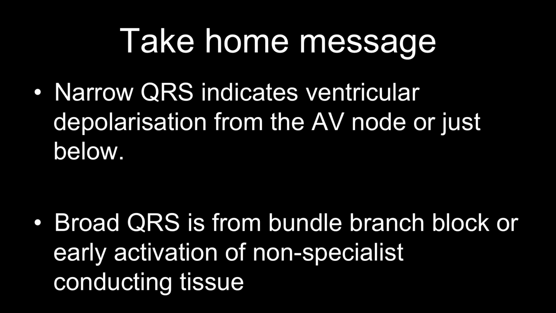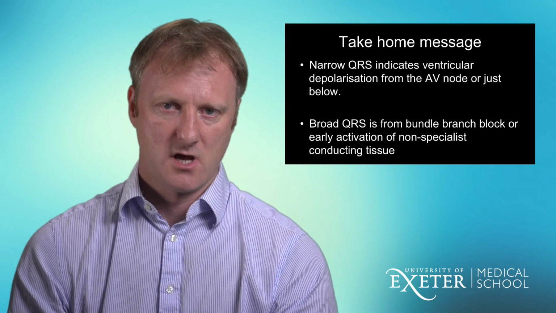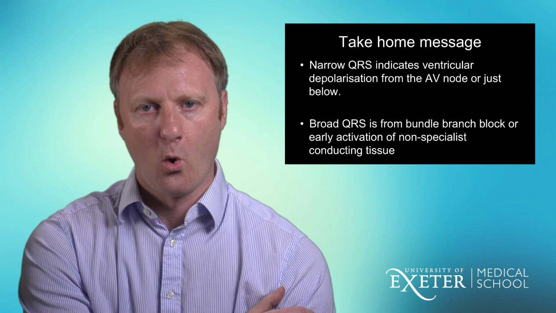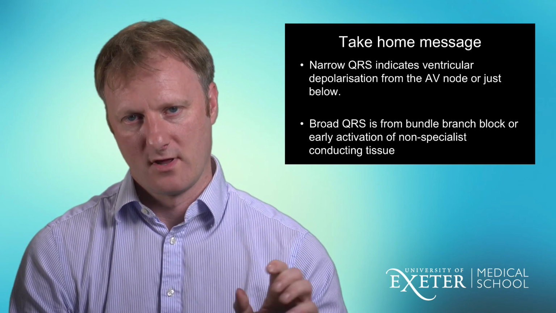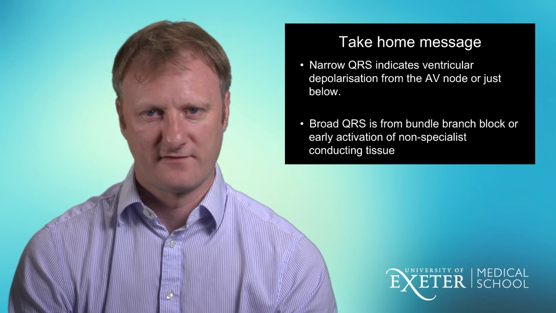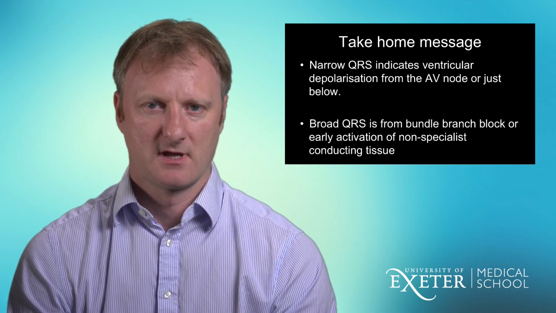If you have a broad QRS, you must decide whether it represents depolarization from the AV node downwards but is hitting diseased bundles, or whether there is a rhythm originating from a different location within the ventricle, either non-specialist conducting tissue. Okay, hope that's been helpful.